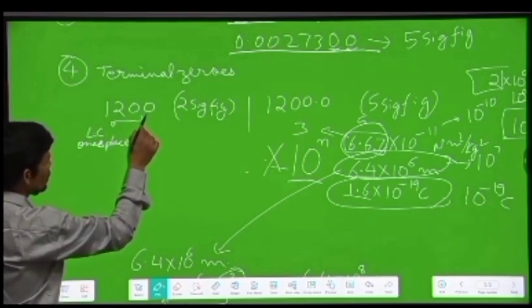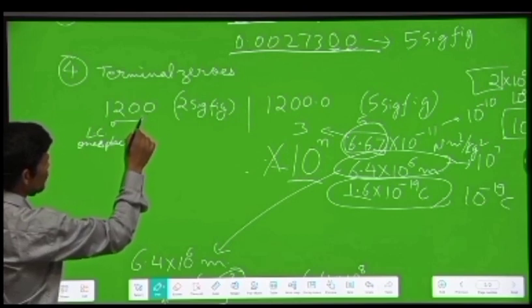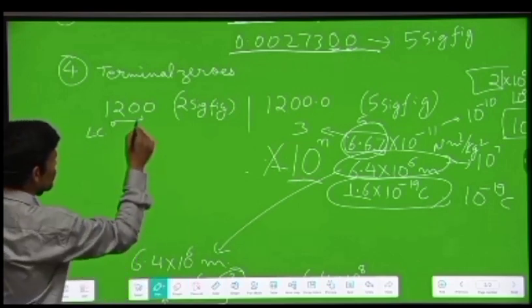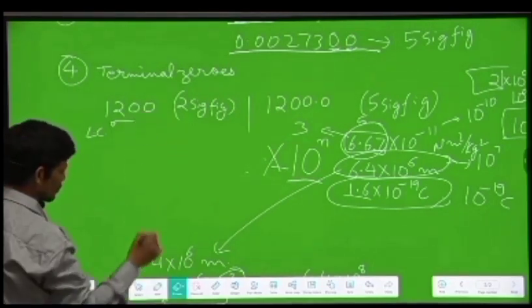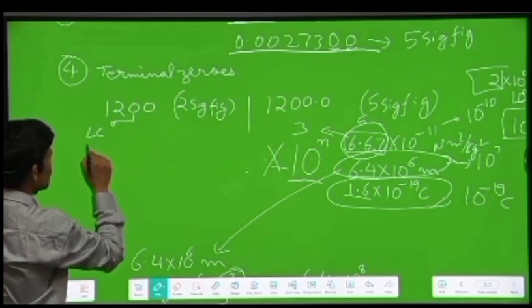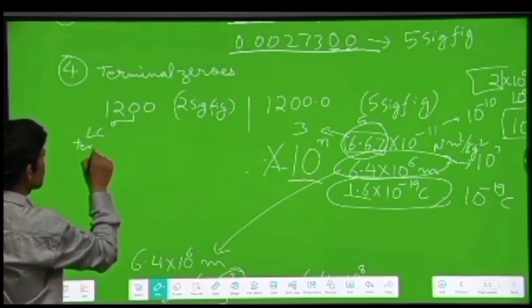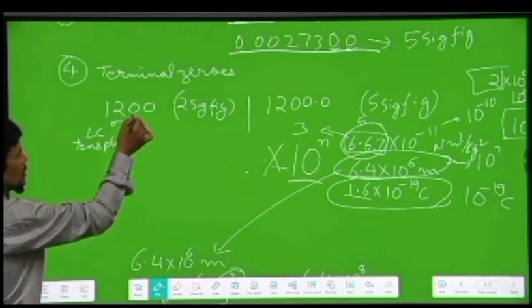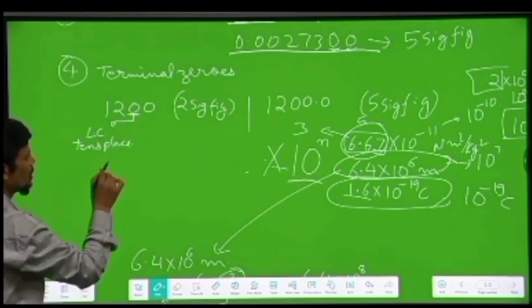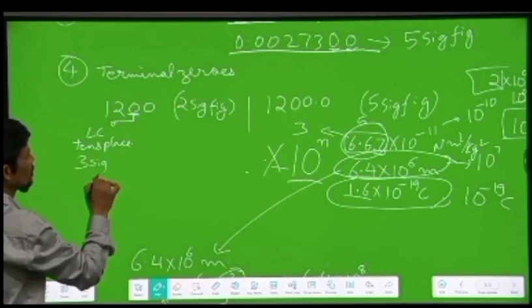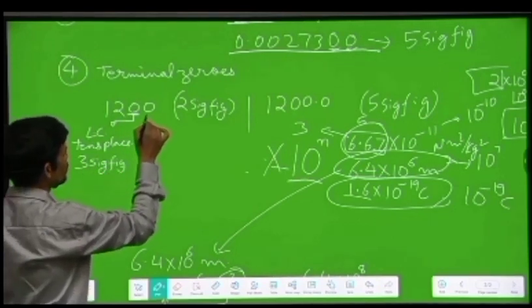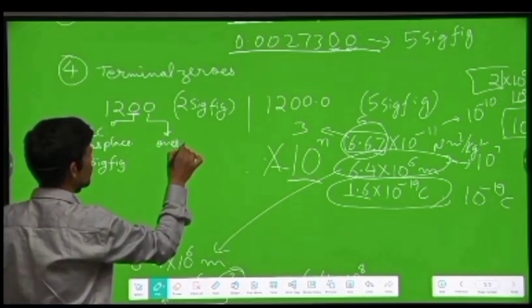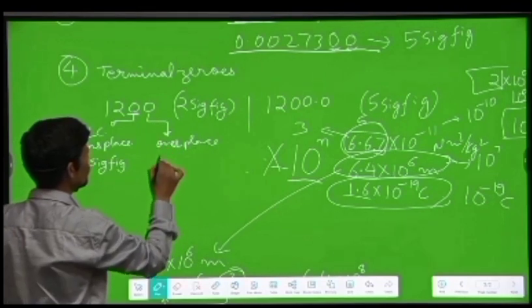I mean, uncertainty begins with this place. Or I should write here tens place first. Least count is in tens place. Then this place will also be certain. Then there are 3 significant figures. And if least count lies in ones place, then there will be 4 significant figures.